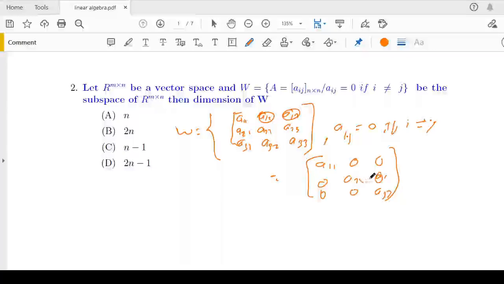That means W is nothing but the set of all diagonal matrices of order n by n.